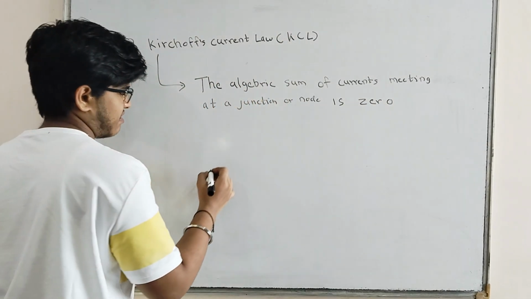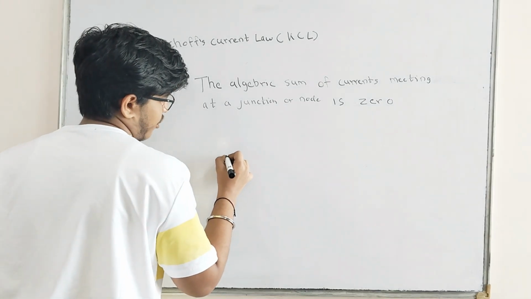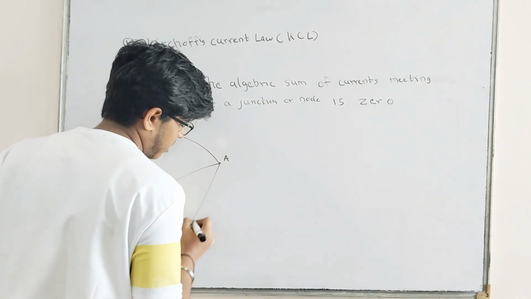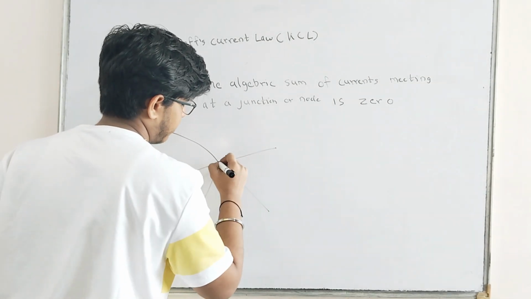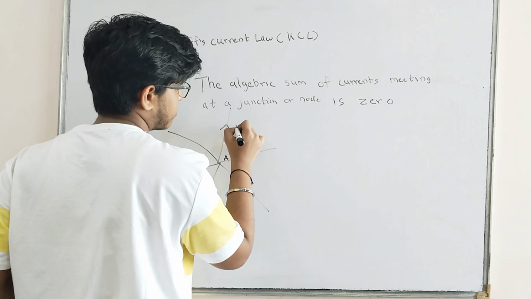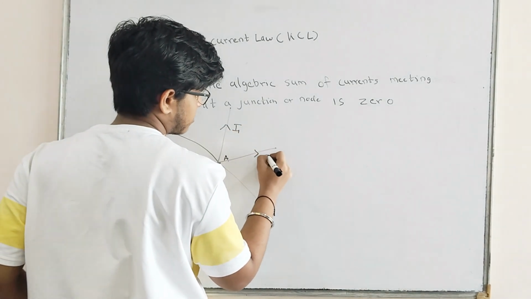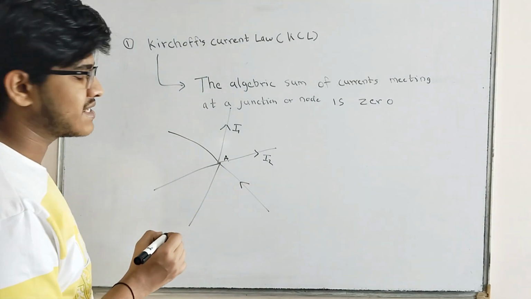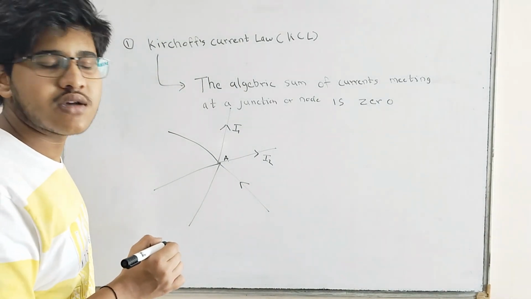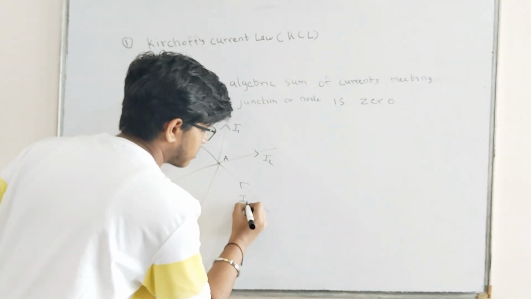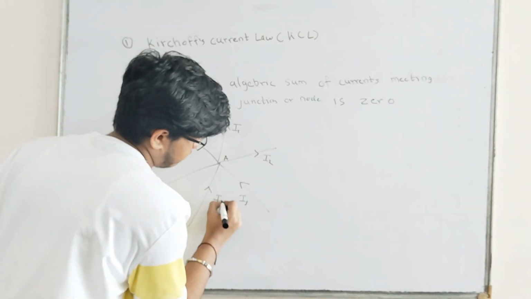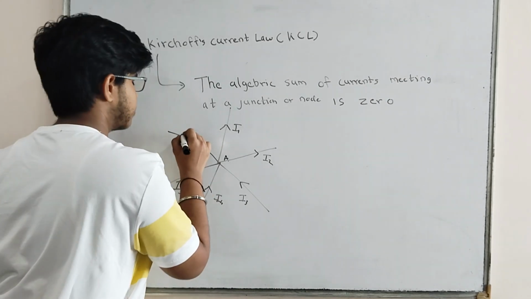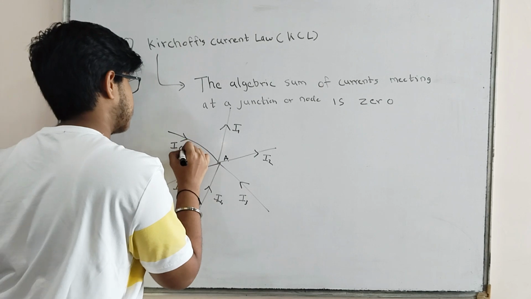Now let us consider point A. There are many wires connected to that point A. Let this be I1, this be I2. Point to be noted is I3 has an opposite direction to that of I1 and I2. This is my I3, this is my I4, this is again my I5, again I changed my direction, and this is my I6.